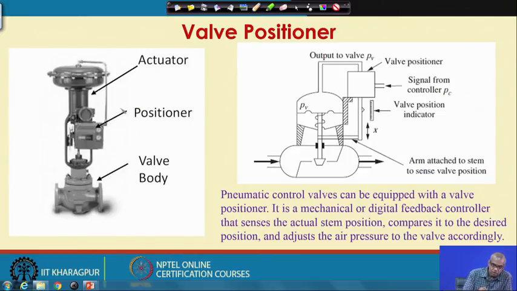So, the valve positioner is found here. There is a valve position indicator and a valve positioner. So, this valve positioner is nothing but a mechanical or digital feedback controller that will sense the actual stem position. It will compare it with the desired position and then adjust the air pressure to the control valve accordingly.